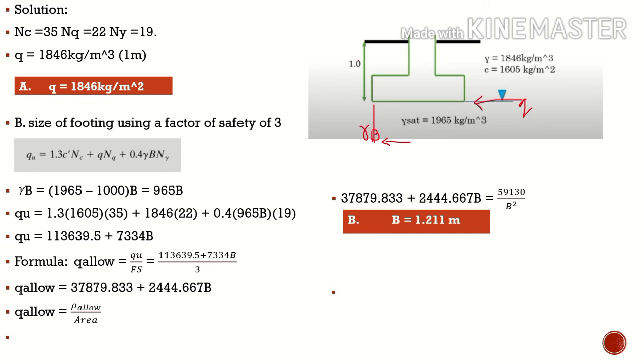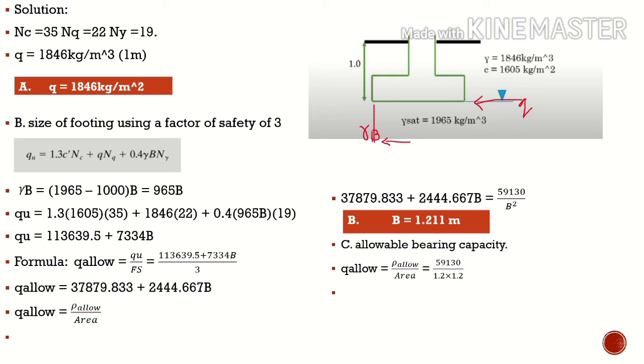Next is letter C, allowable bearing capacity. We have the size of footing, so substitute in the formula Q allow is equal to P allow over area.